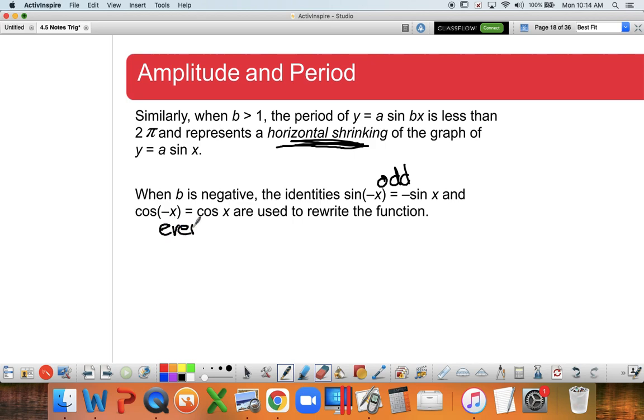That's just reminding me that we have an even function. So if we have a negative b value with sine, we just move that negative out front. And if we have a negative b value with cosine, we just ignore it. And that's because of the rules of odd and even functions.